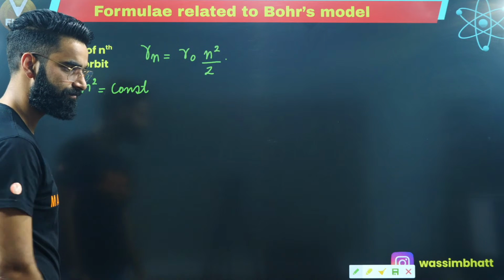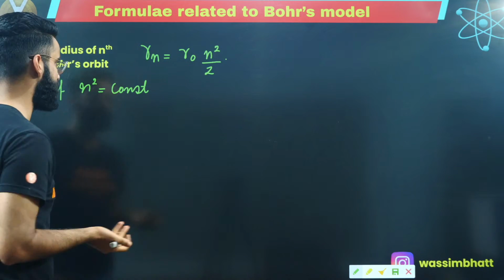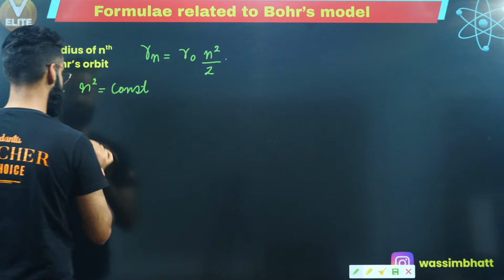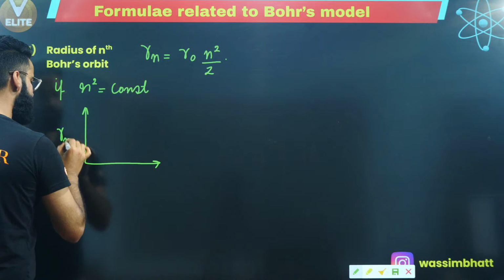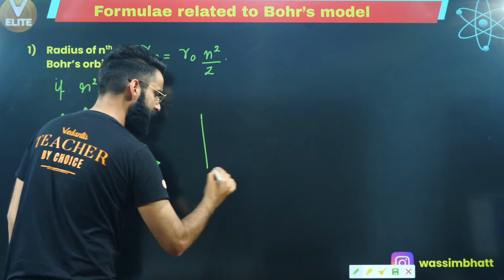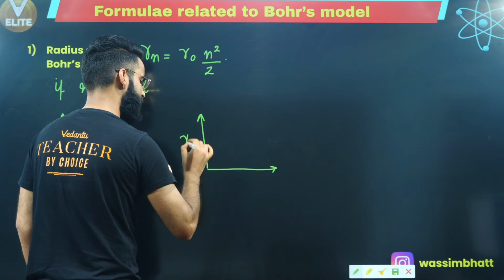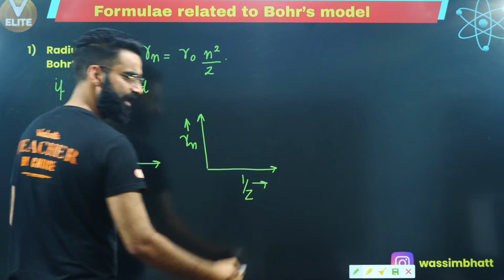If n square is constant, I'm going to plot a curve between radius of nth orbit versus z, and the next curve is between radius of nth orbit versus what? Radius of nth orbit versus 1 upon z. You can plot these curves as well.